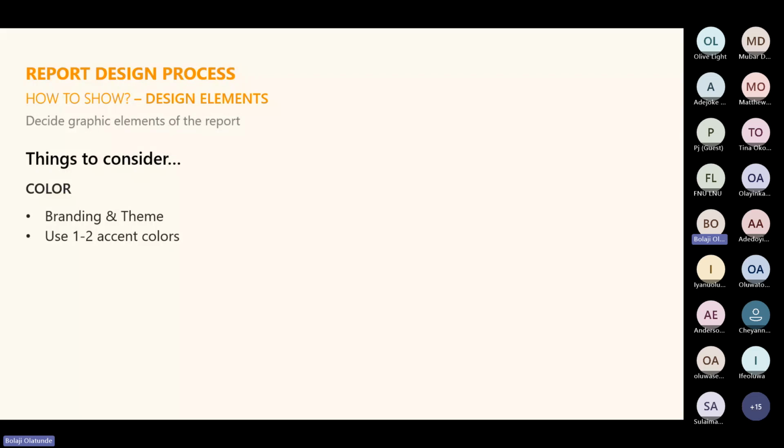If you have too many dominant colors, you are drawing the attention of the user to so many things. So you want to have 1 to 2 accent colors. Look at this presentation, for example. The accent color that I've decided to go with here is orange or blue, basically the theme for most of the posters that have gone out for the master class. I just decided to use that color as my accent color for this presentation. Same thing goes for your reports. 1 to 2 accent colors is always fine.